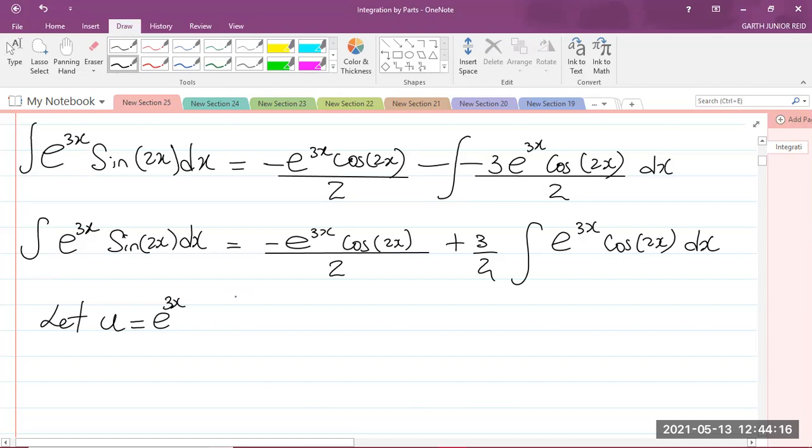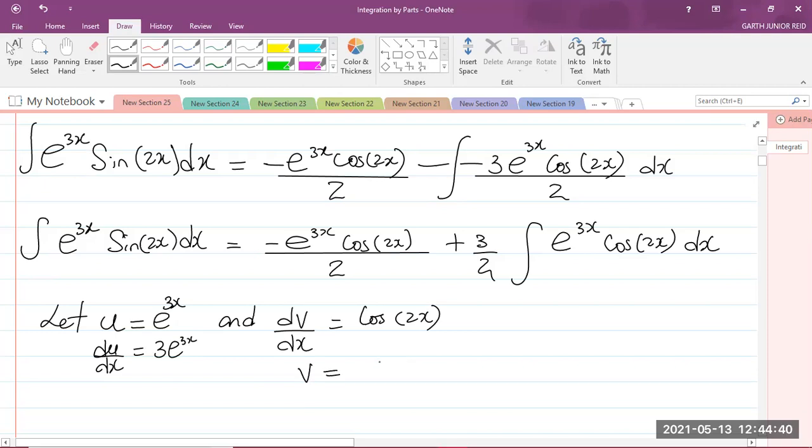So u is going to be equal to e to the 3x, and dv by dx is going to be the other term, which is cosine of 2x. All right, so du by dx is going to be equal to 3e to the power of 3x, and v is going to be the integral of cosine 2x.